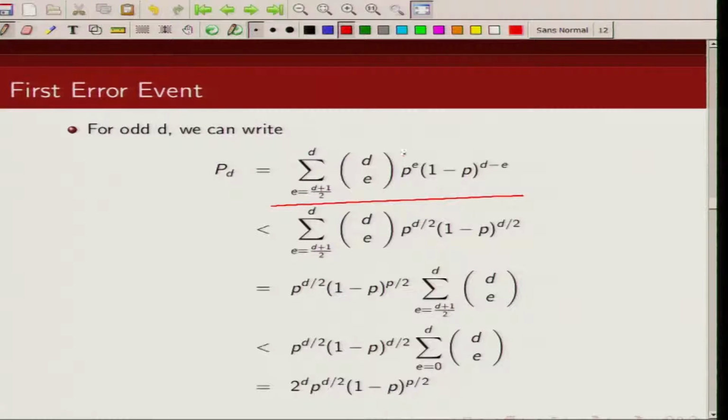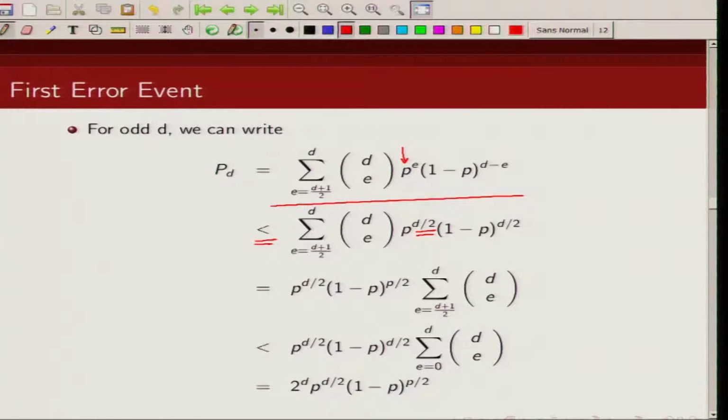Now, note that this crossover probability is typically small, and it is a number between 0 and 1. So, if you raise it to a higher power, you get a smaller quantity. So, the first upper bounding that we are doing is, instead of raising it to e, we are raising it to d by 2.